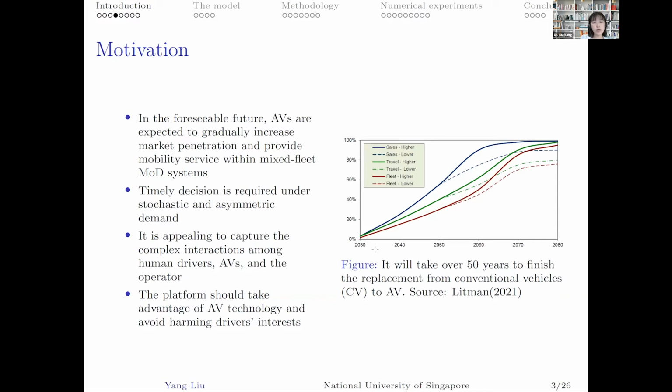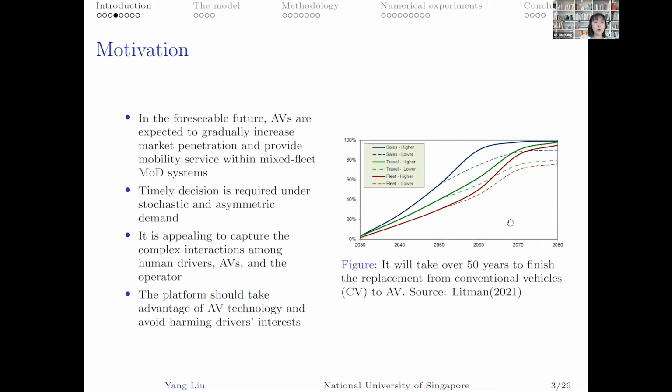We want to address the challenges of managing the mixed fleet: real-time decisions must be made quickly and efficiently, while the uncertainty in the travel demand must be fully considered. And also how to address the asymmetric demand, which leads to the imbalance between supply and demand in the mobility system that still exists.